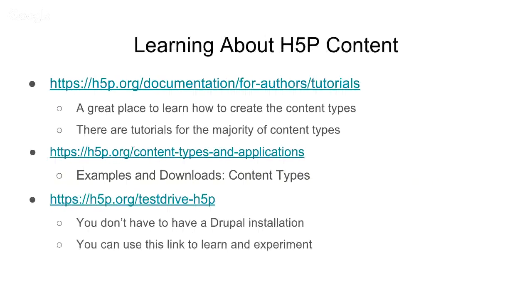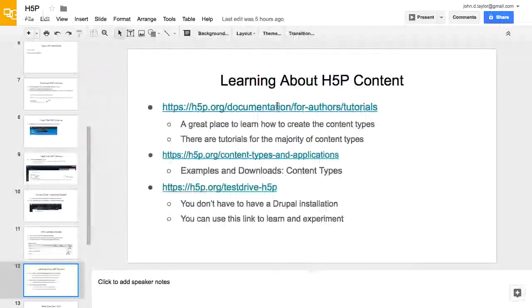Well, how do we learn about the H5P content? Again, the H5P site is tremendous. Under this link right here, you'll find a section of tutorials on virtually every kind of content type. Click on it once.